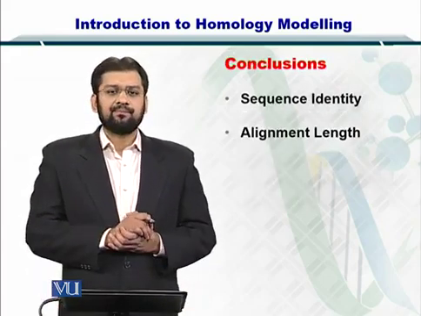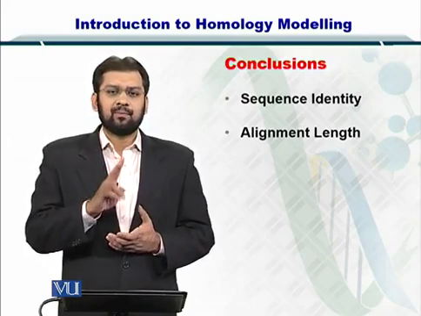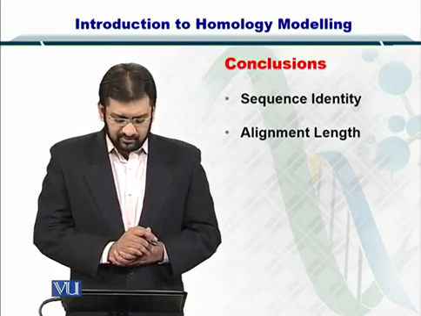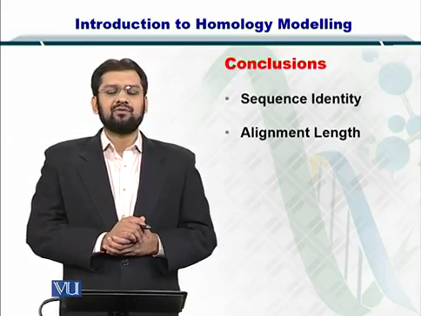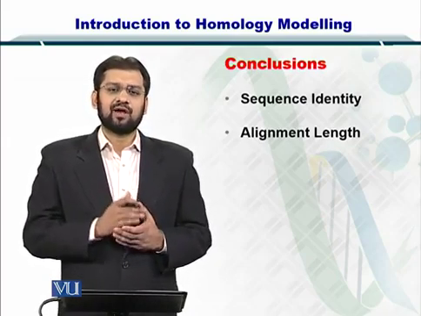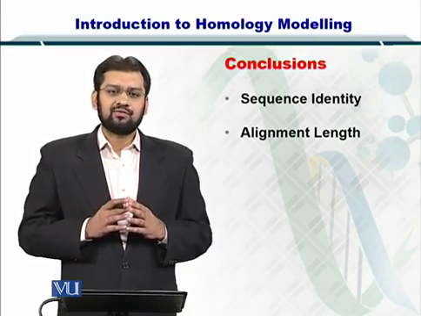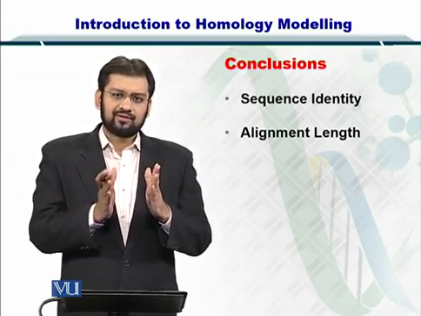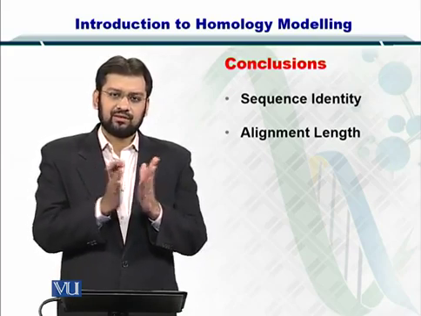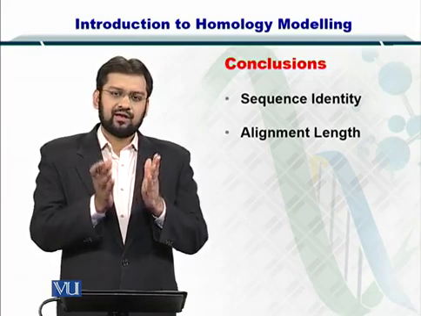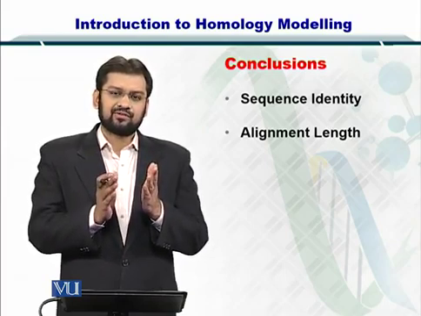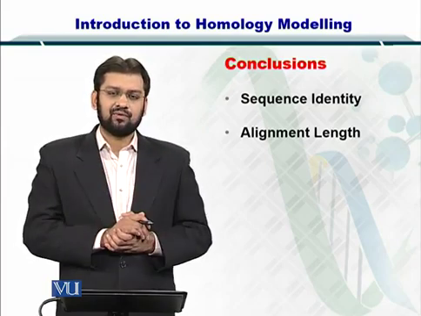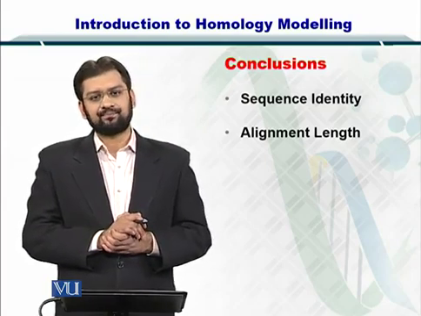So in conclusion, I would like to leave you with two important concepts here. The first one is sequence identity and the second one is alignment length. Sequence identity essentially means that if you have two protein sequences, how many amino acids are matching between the two. So let's say 5 out of 10 amino acids are exactly the same between two sequences, so the identity will be 50%.